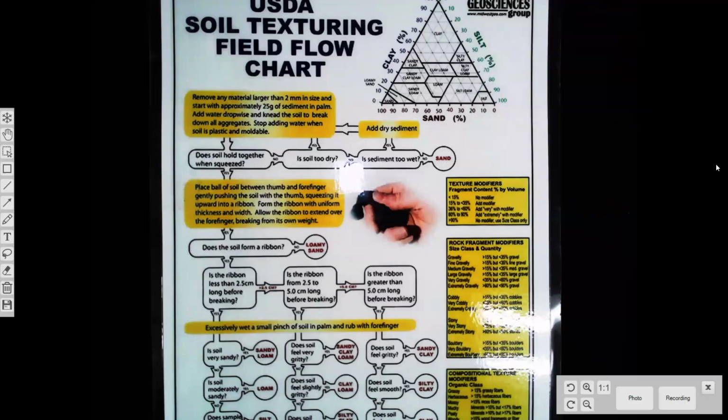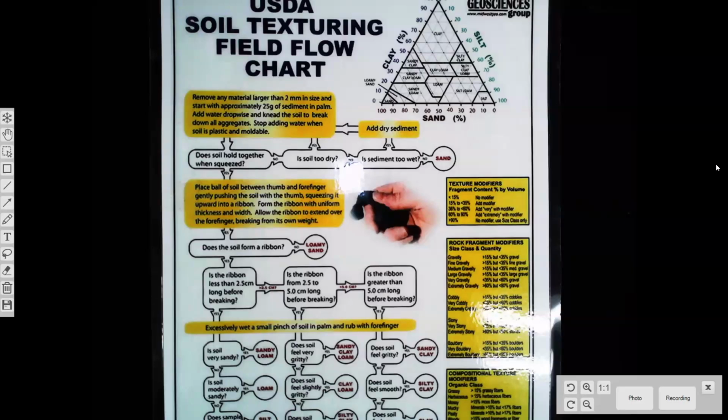The textural triangle is handy when we talk about what these were, analyzed at a lab. So we have known numbers for each of these. And again, like we talked about last week, how to read the textural triangle. So the idea is getting some basic things: if it's dry, we have to water it up so we can mold something, and then if it doesn't even hold together when squeezed, it's loose, it's sand.